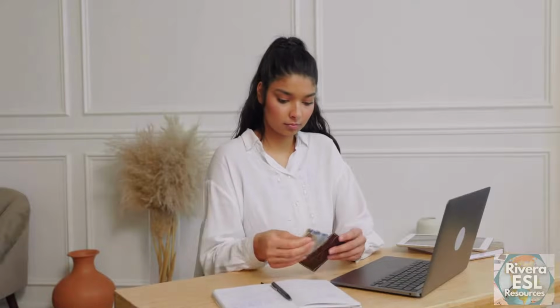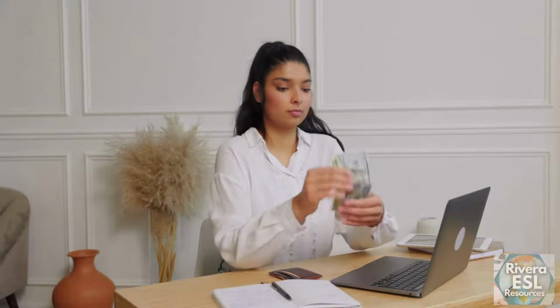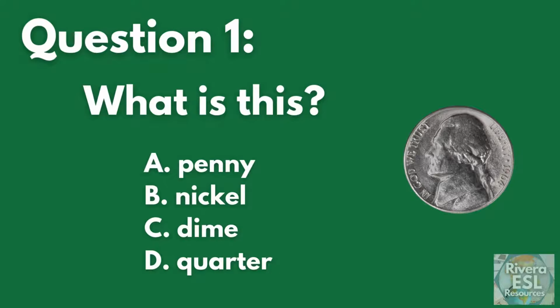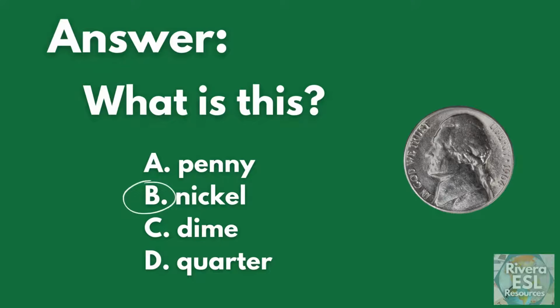Now it's time for a quiz. Let's see how much you can remember. Question 1. What is this? A. Penny. B. Nickel. C. Dime. D. Quarter. The answer is B. Nickel.